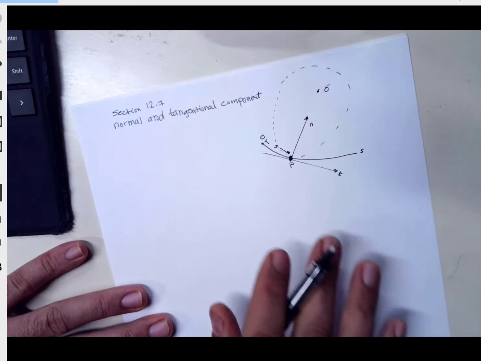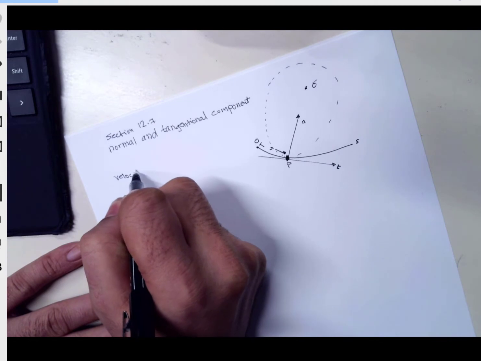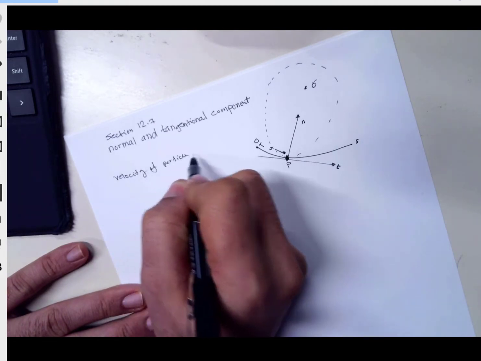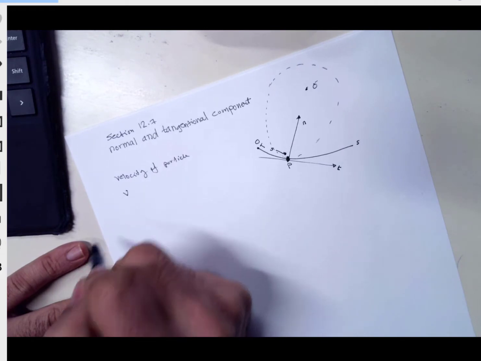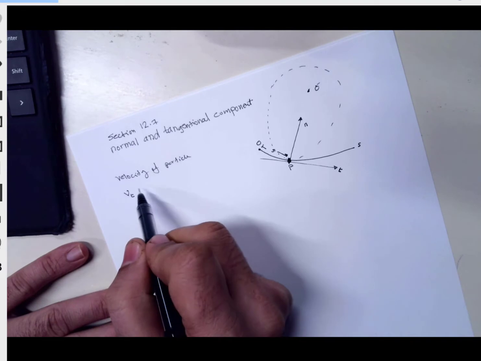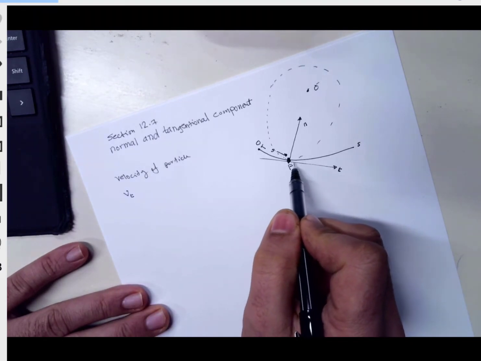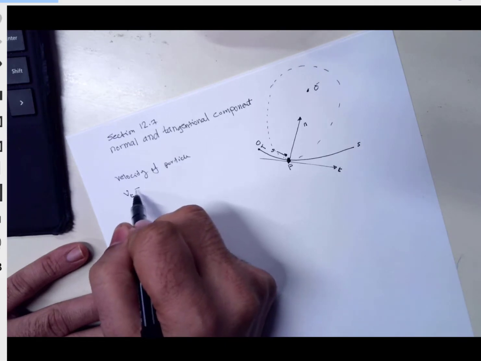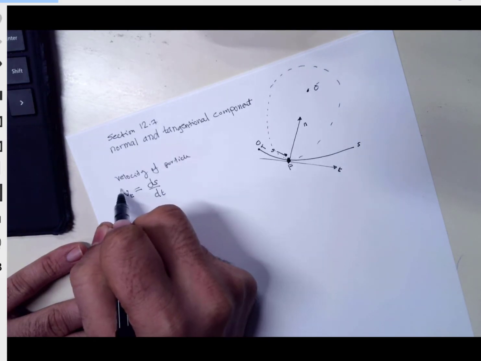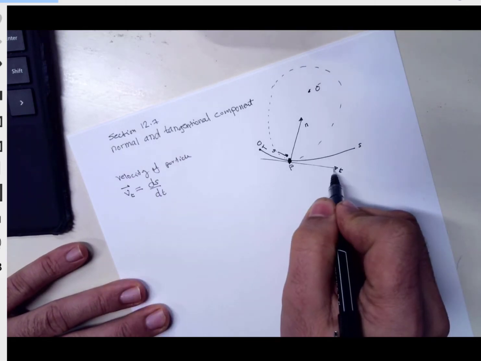Now, as we know, the velocity of a particle, I'm going to call it v tangential, simply because the velocity is defined as the rate of change of the position with respect to time. So it is ds over dt, and as a vector, it is in the direction of the tangent.